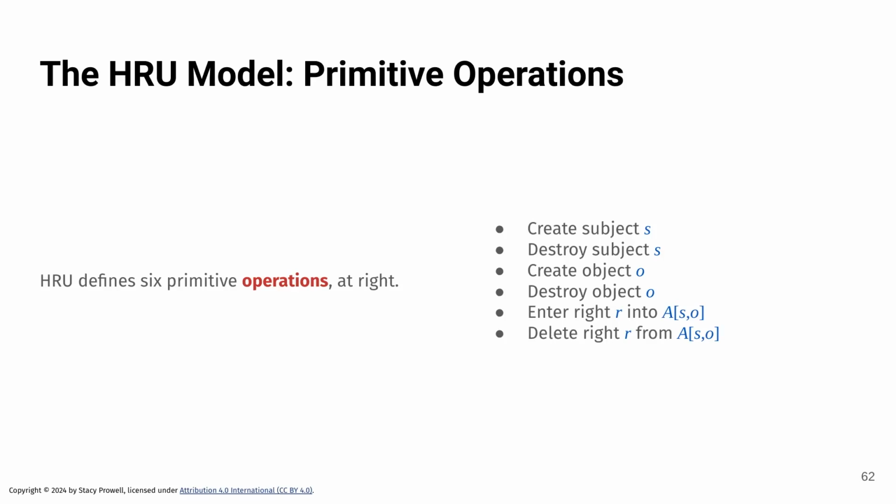So remember, there were some more complicated ones in the Graham-Denning model. We could build those out of combinations of these primitive operations. These primitive operations are the basic building blocks, and we could build all the operations of the Graham-Denning model out of them. Okay? If I can check some conditions, I check those preconditions in the table, and then I do the primitive operations that have the effect that I want, then I'm good.